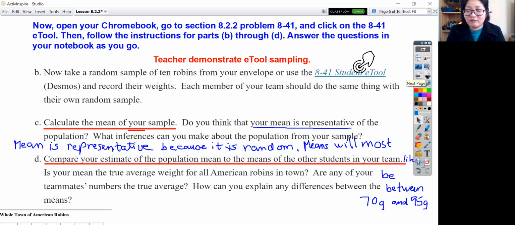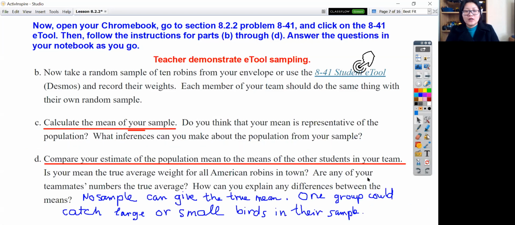So let's use the data from last year. The answer for question D is no sample can give the true mean. One group could catch large or small birds in their samples. So we cannot get really the true mean, the true average. What is the really true average? Again, we don't know what we catch.